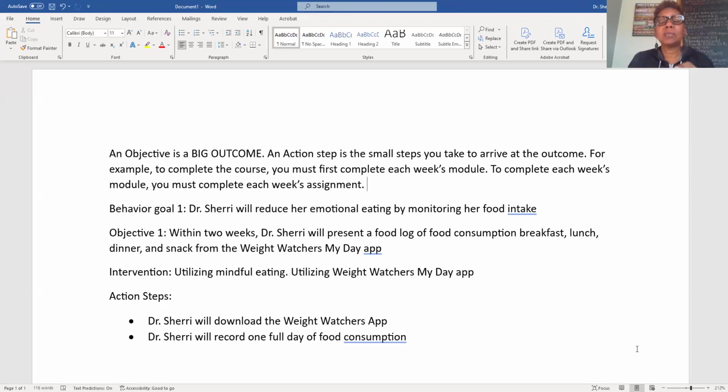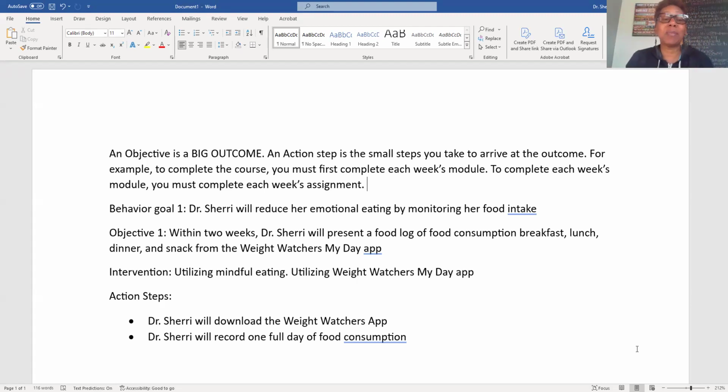For example, to complete the course, you have to first complete each week's module. And then within each week's module, you have to complete each week's assignment. So the behavioral action steps around completing the course would be focusing on completing the assignments in each module. So it's taking big information and breaking it down.